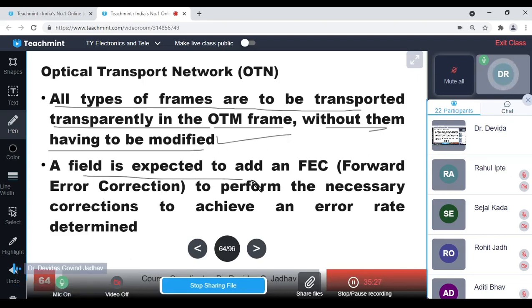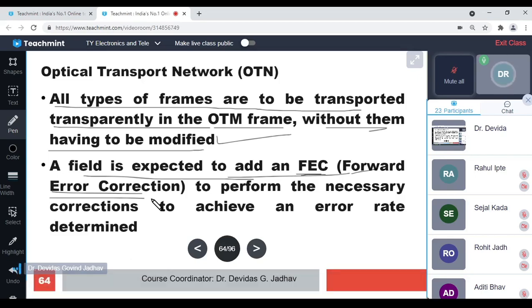A field is expected to add FEC, forward error correction. In a computer network, if the computer data is being transmitted, then data may have errors, then error checking will be there, and then resending and acknowledgements will be there, but error correction also will be there.